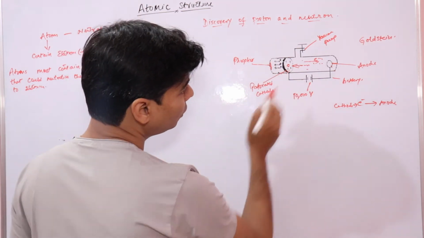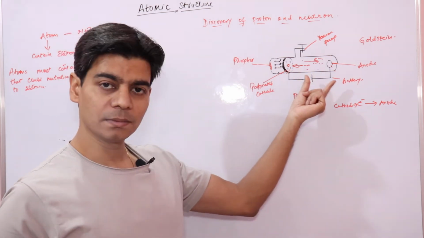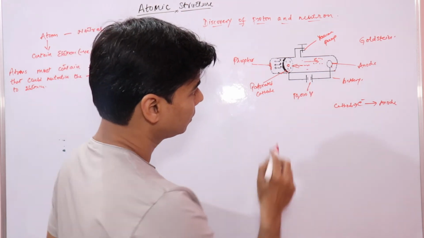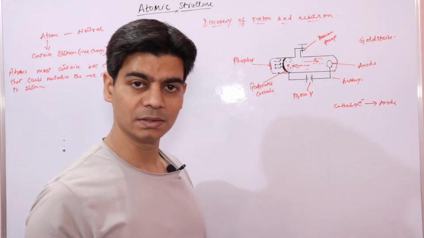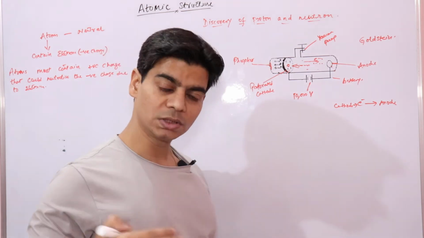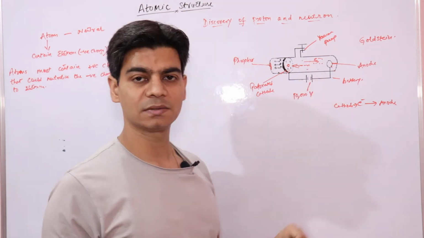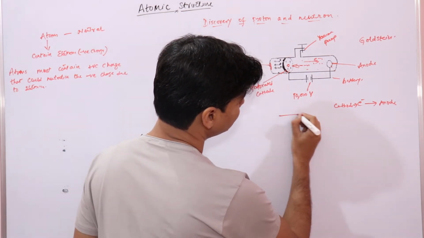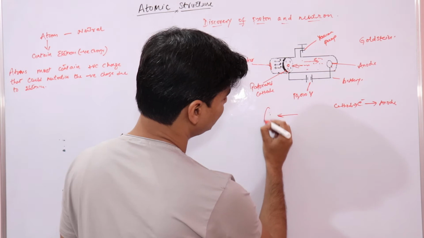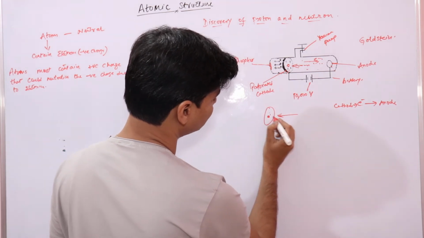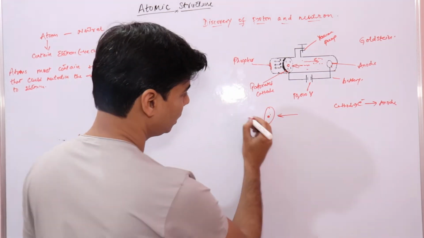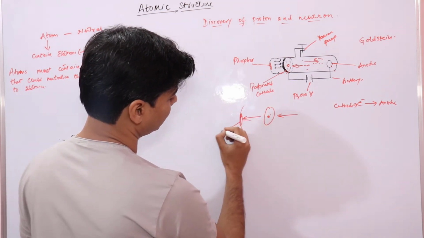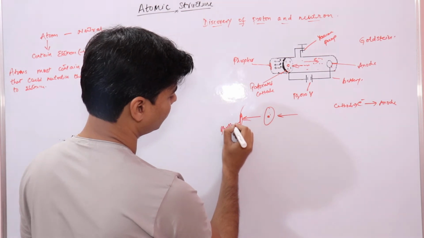It was thought that since these rays are moving towards the cathode, they must carry positive charge. So these rays, moving towards the cathode and through the hole in it, are striking the phosphor.